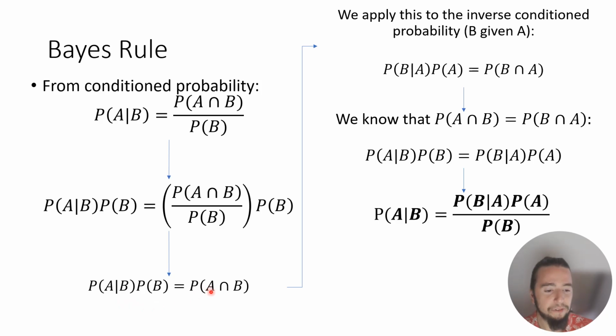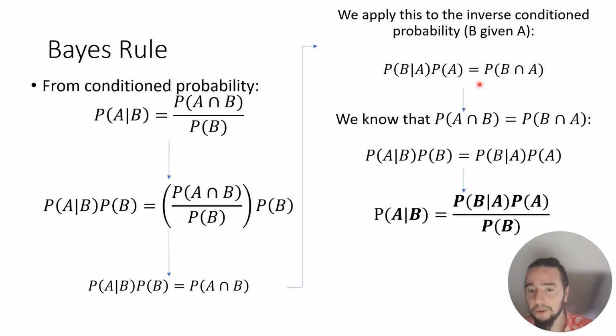The probability of A and B happening at the same time is the conditional probability of A given B multiplying the probability of B. Now we can apply this to the conditional probability of B given A, the inverse conditional probability. So we get the probability of B given A multiplying the probability of A is equal to the probability of B and A happening at the same time.